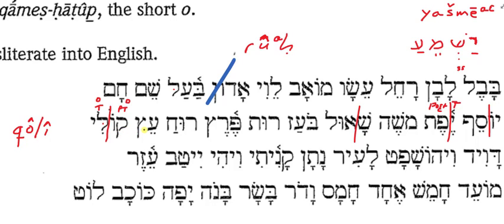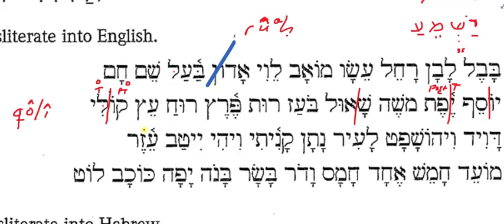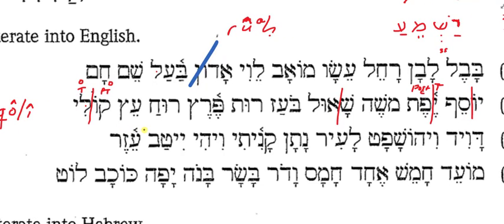Okay? Now, let's look at David here for a moment. Is the vav here a consonant or a vowel marking vav? Is it a consonant or a mater vav? It's a consonant because underneath it is a vowel. Vowels don't take vowels under them, but consonants do.